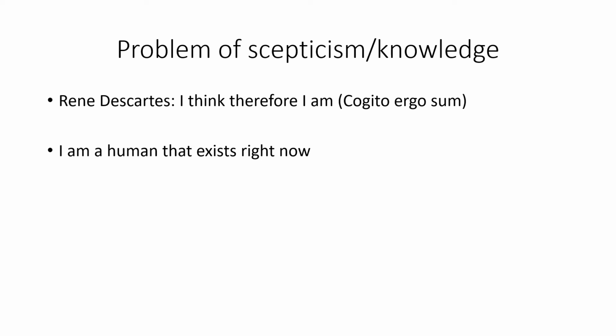The problem that can arise with this, though, is that it doesn't give us very much. Okay, we know that I'm thinking as some existing thing, but we need much more than that. We want to know that what's going on in the world is actually going on in the world, and we want to make other arguments about different things.